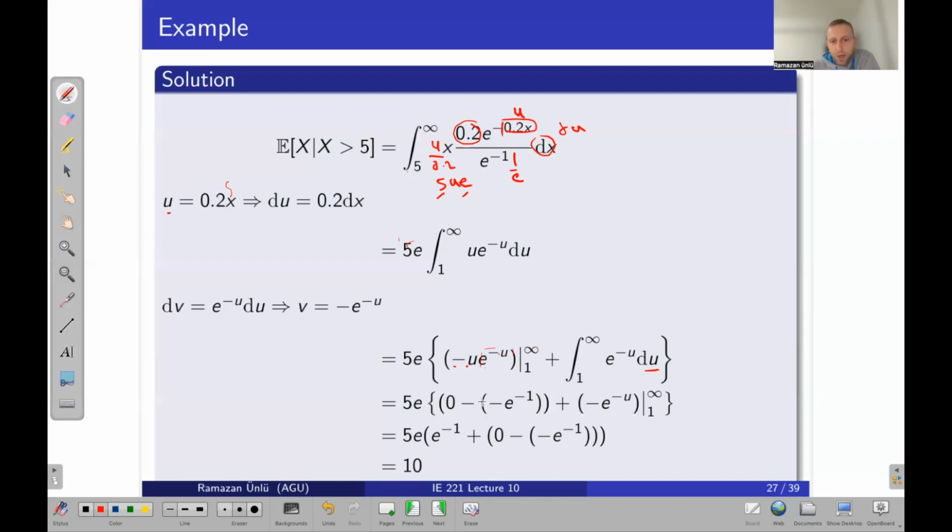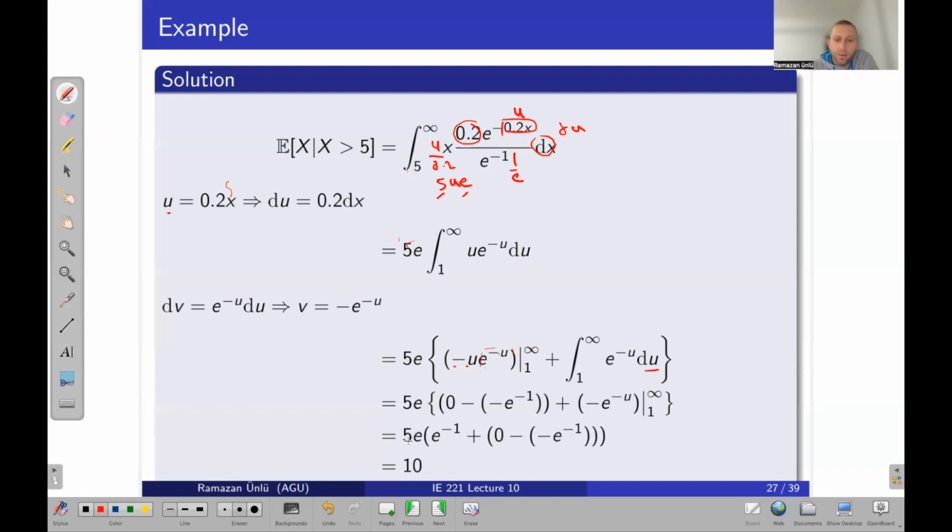So that will be 0 minus, for the 1, minus e to the minus 1, if I put 1 in for u. For this one, the integration is minus e to the minus u from 1 to infinity. Again, that will be 0 for infinity, and minus e to the minus 1.